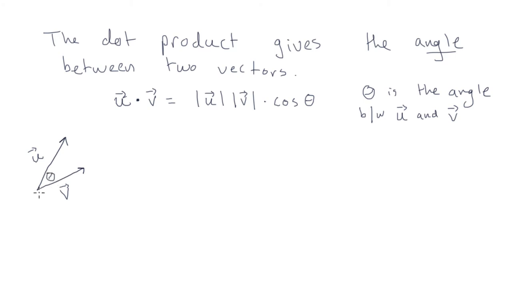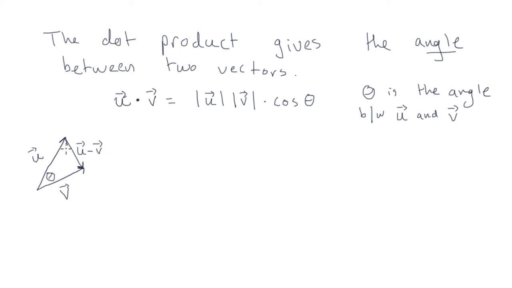Notice the angle is 0 if they're lying in the same direction, or it can be 180 if they're lying in opposite directions. If I look at this vector right here, what is this vector? It's not too hard to see by the way we add vectors that this is u minus v.